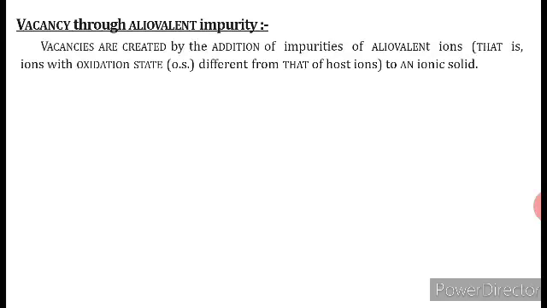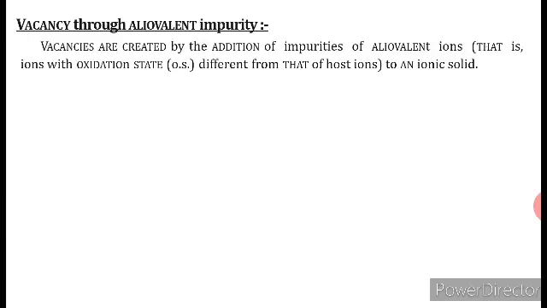For example, it is known as vacancy through allovalent impurity. In this particular substitutional defect, one vacancy is created by the addition of an impurity of allovalent ion. Allovalent ion means the ion whose oxidation state is different from the host ion. It is generally observed in ionic solids.